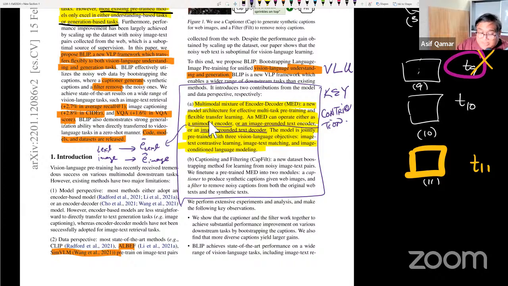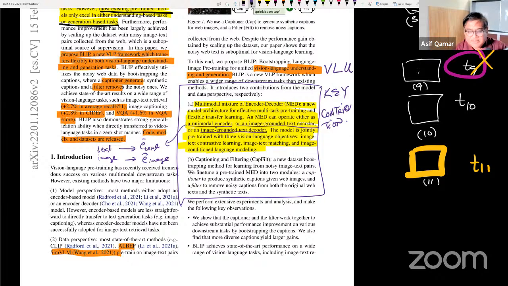The model is jointly pre-trained with 3 vision language objectives. So there are 3 objectives. When they use the word objective, by the way, this is a lot of research or academic language. Pre-trained with 3 vision language objectives means what? Here, the word objective is synonymous with loss functions. Objective function and loss function are synonyms.